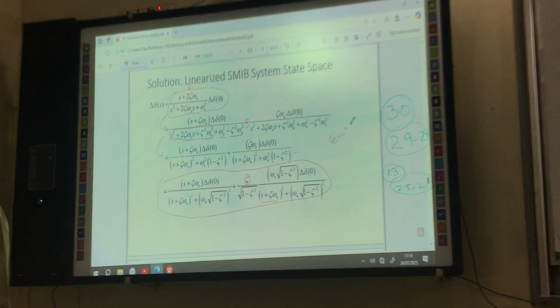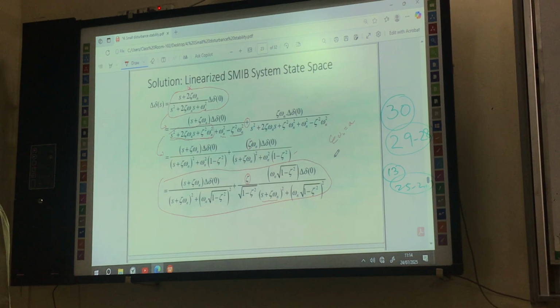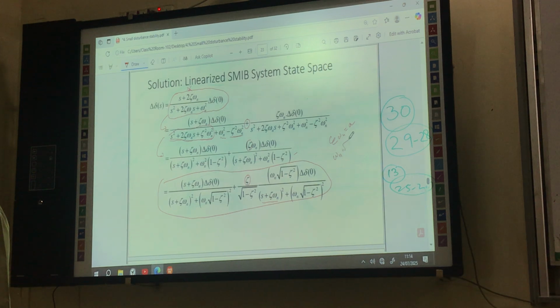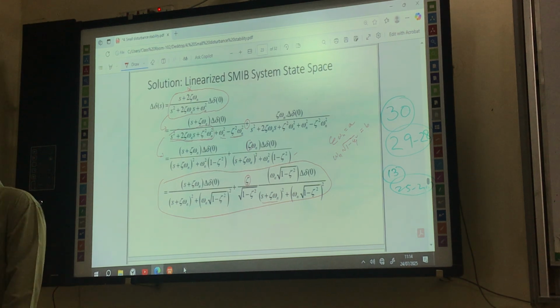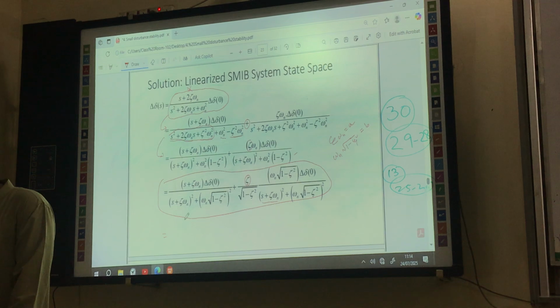Omega n is equal to a, and omega n root over 1 minus zeta square is your b. Okay. Now what will be this equation? It will be simply s plus a, right? And in the denominator it will be s plus a whole square plus b square, right?